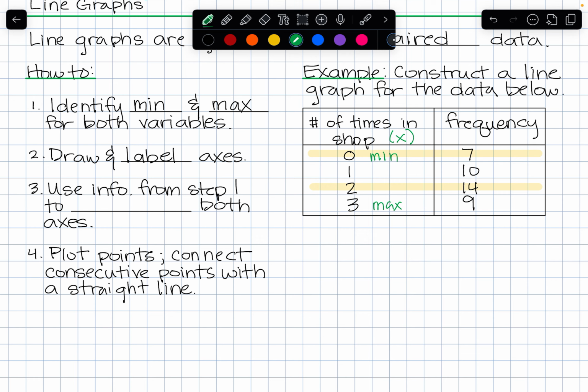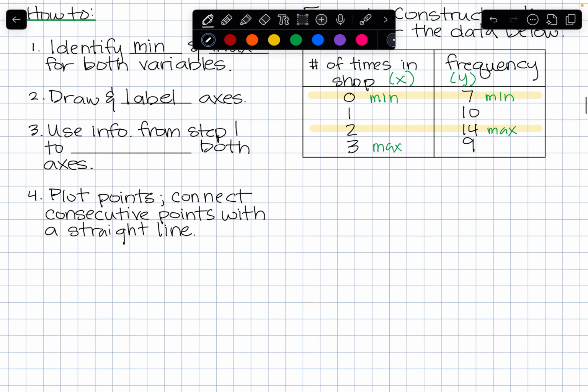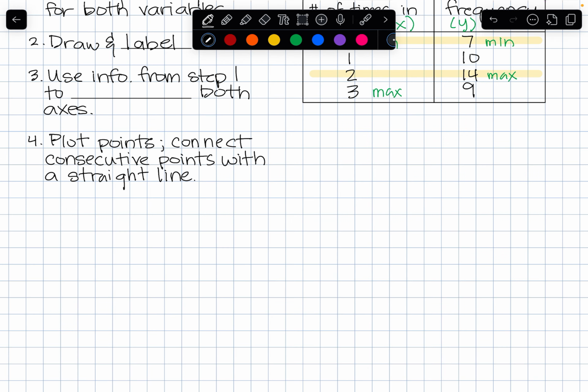In the frequency column, which is the second column, so I'm going to make it y, my smallest value is 7. My biggest value is 14. I need to make sure that I count all the way up to 14 on the y-axis. So next we're going to go ahead and draw those axes and label them.